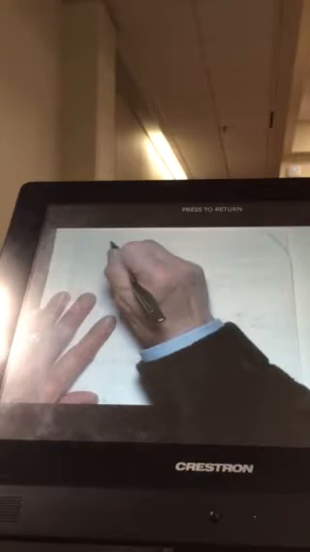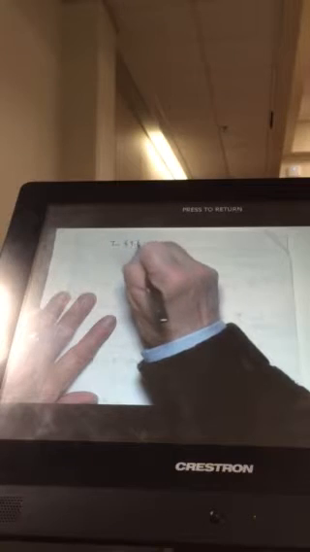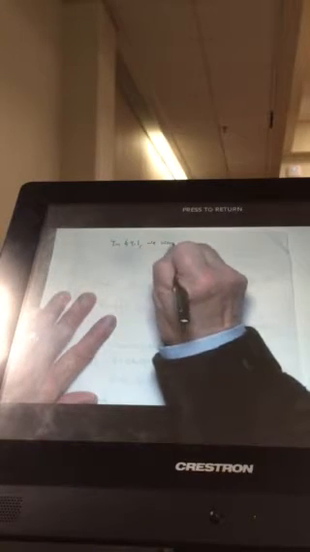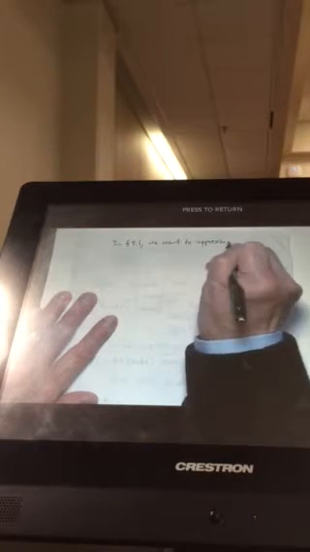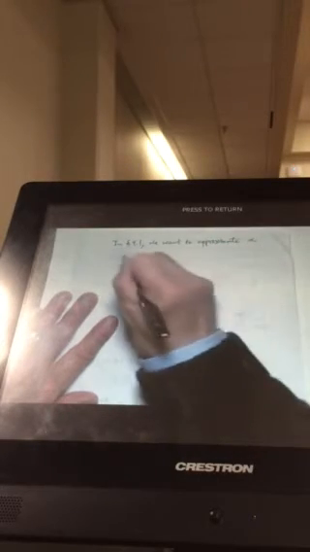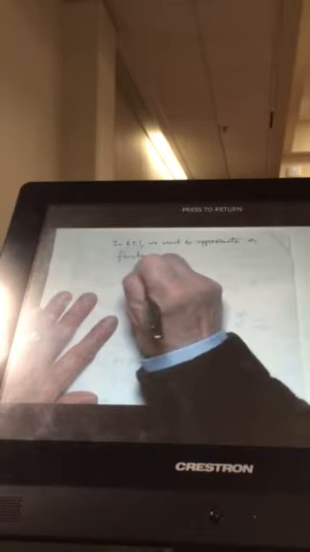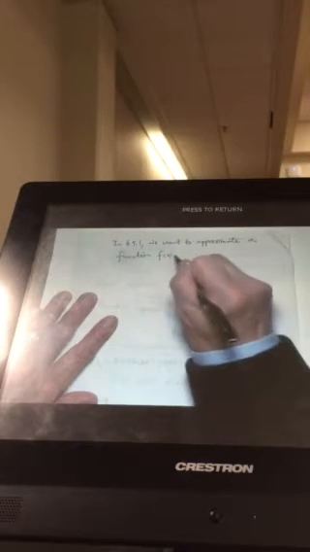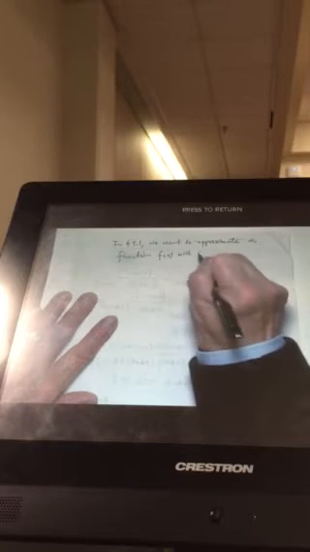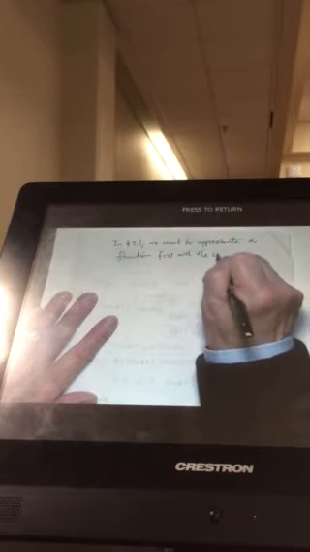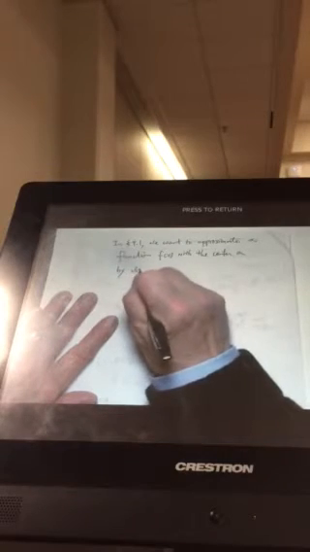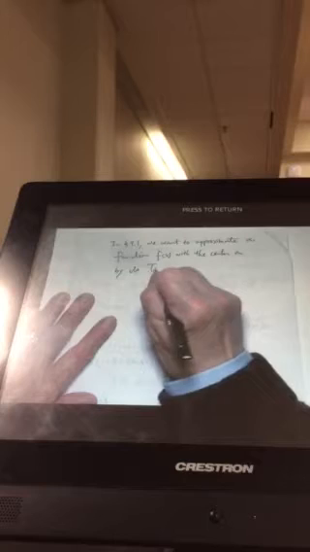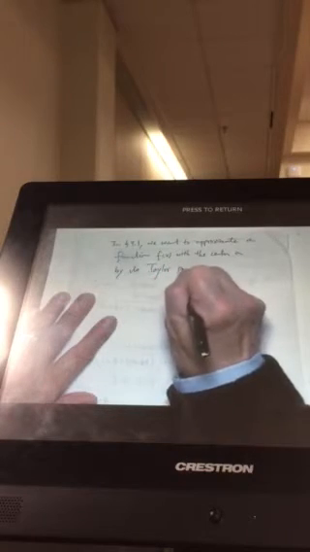So what we want to do in 9.1 is approximate a function f of x with the center, which will be given to begin with, by its Taylor polynomial.